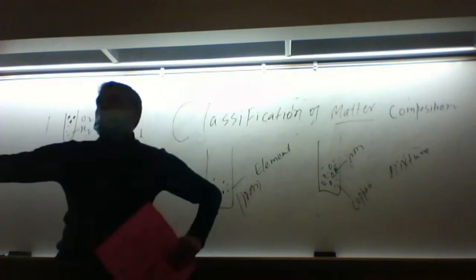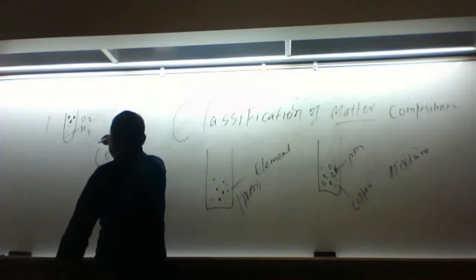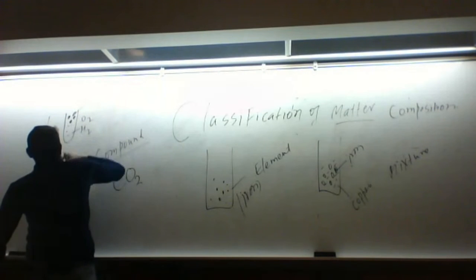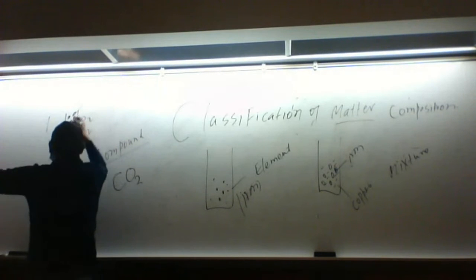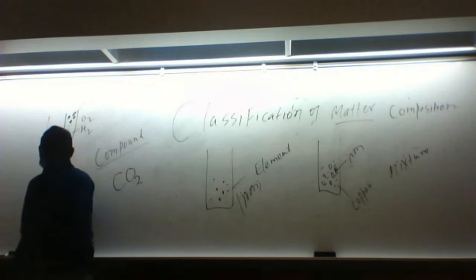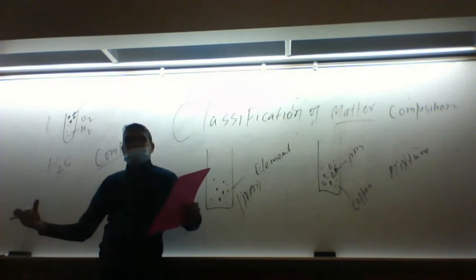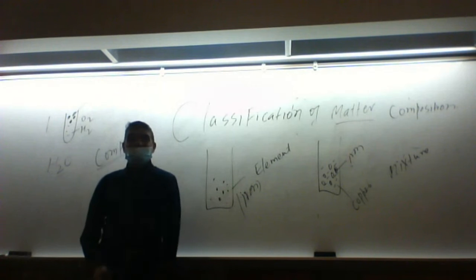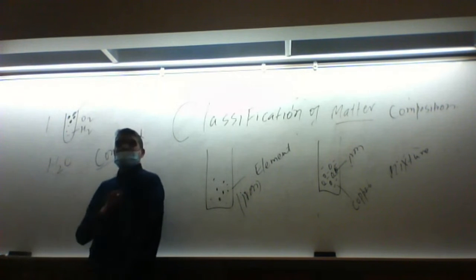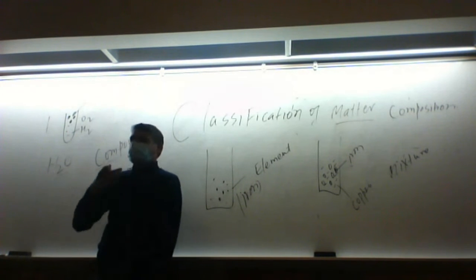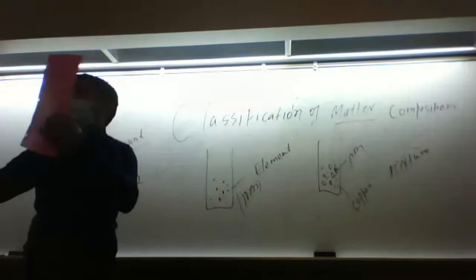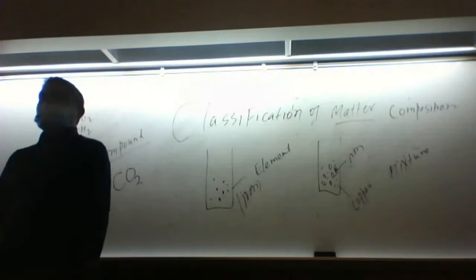But if you ignite it with a matchstick, the hydrogen will explode and give water, H2O. This is a compound. When 2 or more elements in the periodic table are combined chemically, we call it a compound.